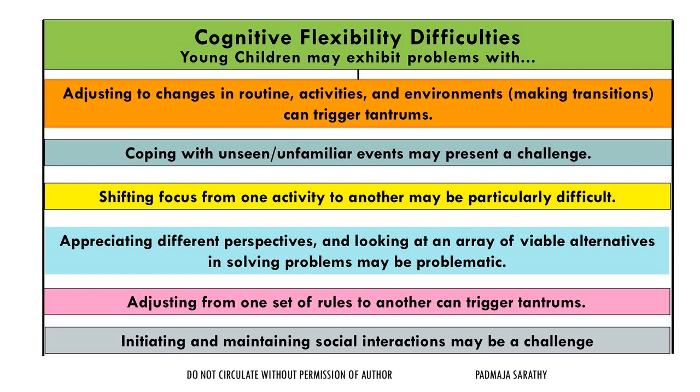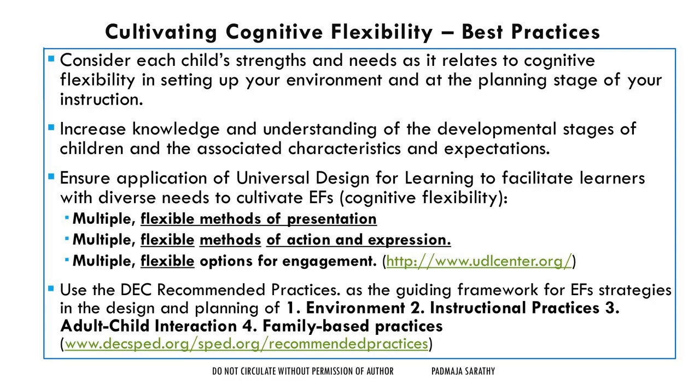So these are all things that are part of cognitive flexibility challenges, and what are some things we can do to cultivate cognitive flexibility? As I mentioned right at the very beginning, we want to make sure that we apply the learning principles of universal design for learning in order to make sure we allow every child to actively participate.